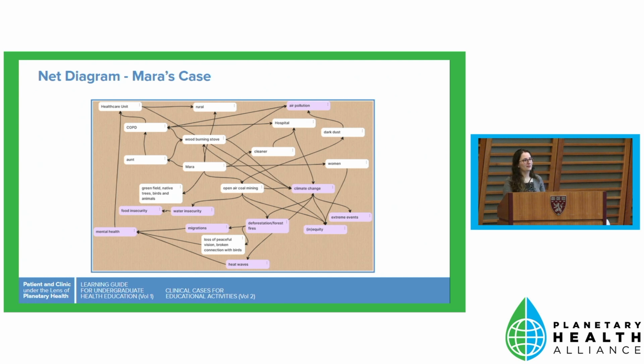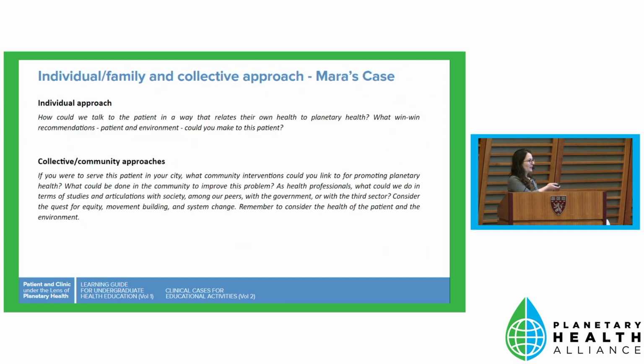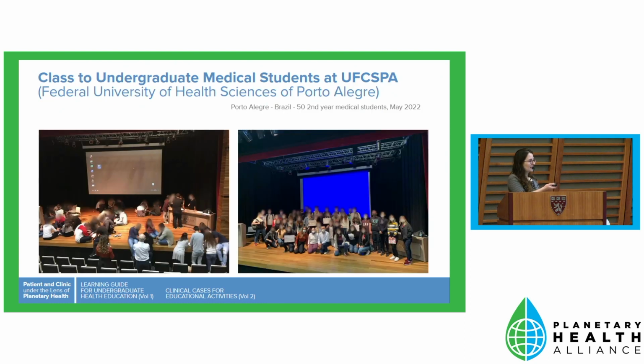Yeah, please show them. But also we have done it several times online, and it works very well. So we also simulate that students do an individual approach and a collective or community approach suggested related to that case.